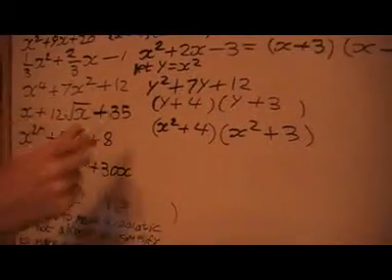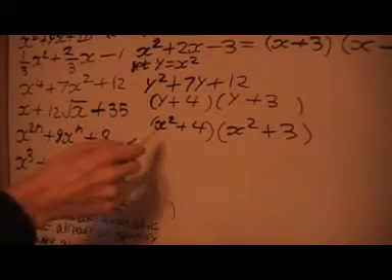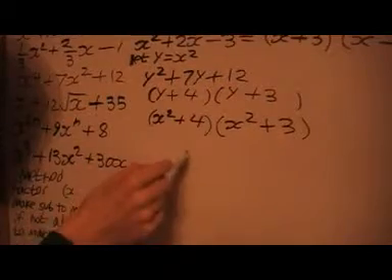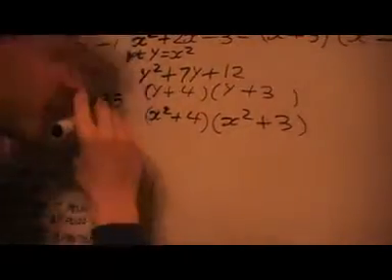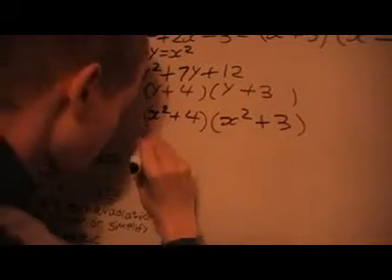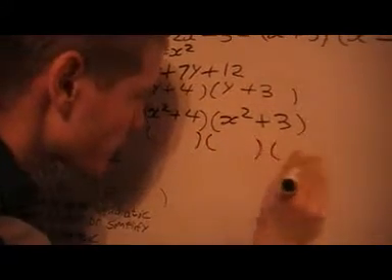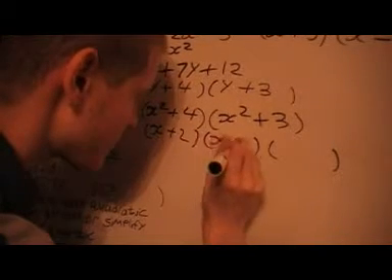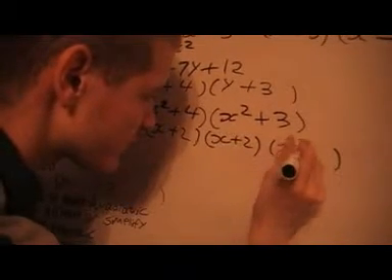Or if you like, maybe you could factorise this expression a bit more, because you can see that x squared minus 4 is going to be x plus 2 and x minus 2, and then you have x squared plus 3.